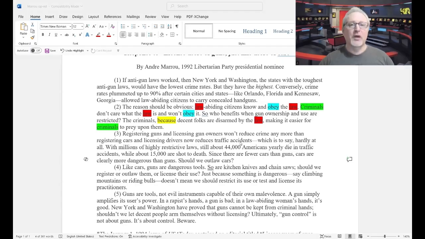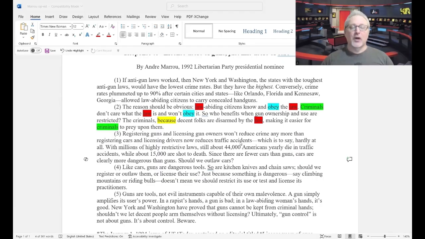Whenever somebody starts off a paragraph by making a comparison, as he does here by comparing guns and cars, a little bell should go off in your brain, and that bell should say, is this an argument by analogy? Then keep reading, and if the rest of the sentences in the paragraph also make it look like it might be an argument by analogy, then you probably have a subordinate argument.